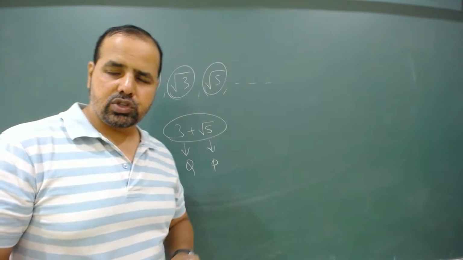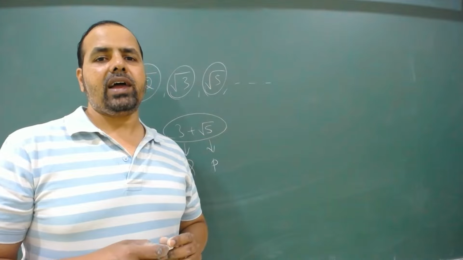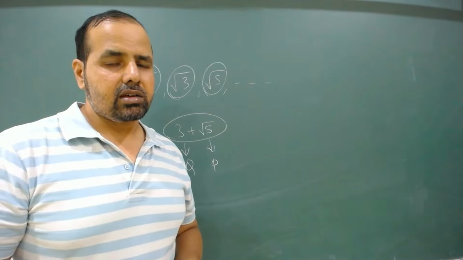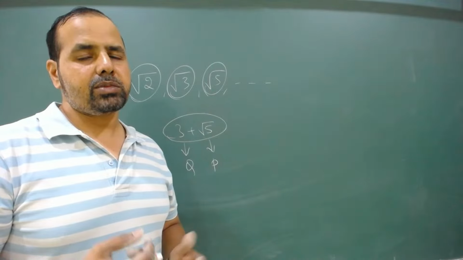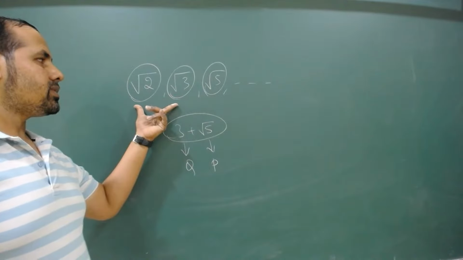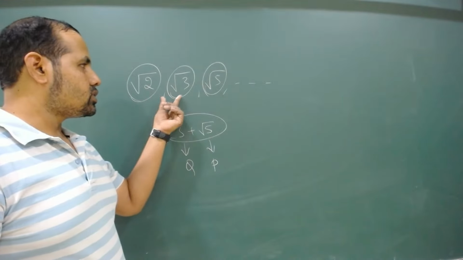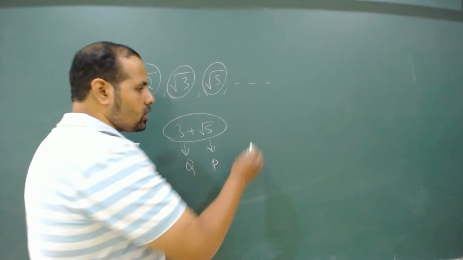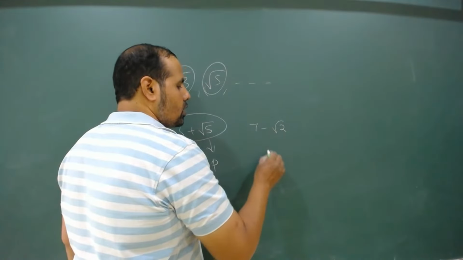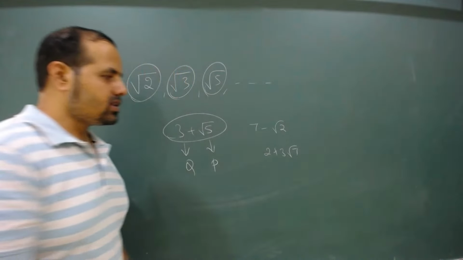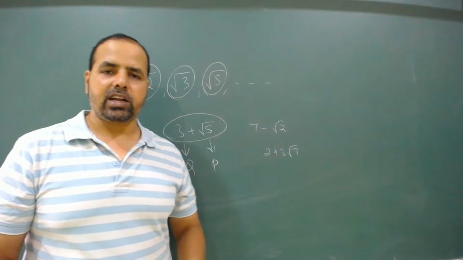From the class 10 textbook, other questions are rarely asked, but especially from real numbers, the questions you can predict are root 2, root 3, root 5, or 3 plus root 5, or 7 minus root 2, or a mix of sets of numbers. So these questions should be practiced by you.